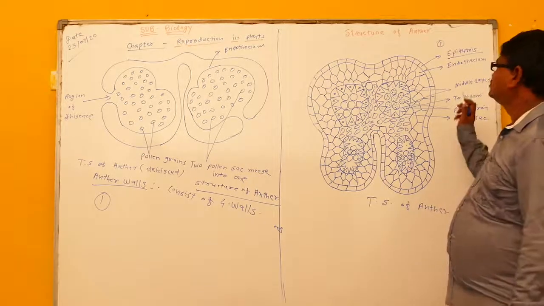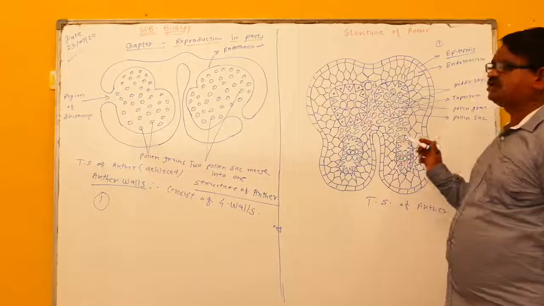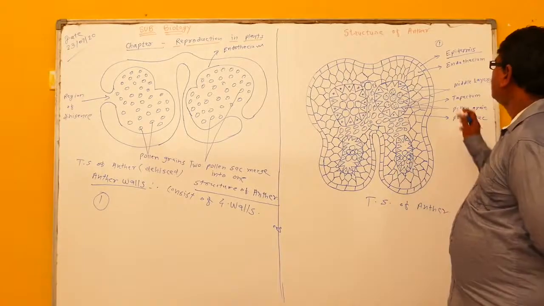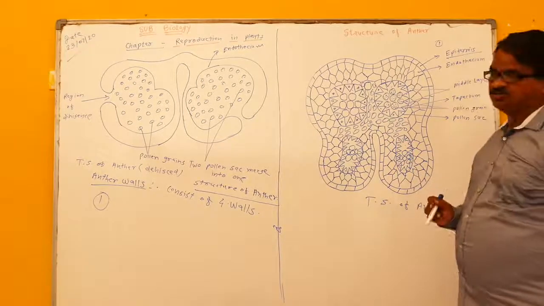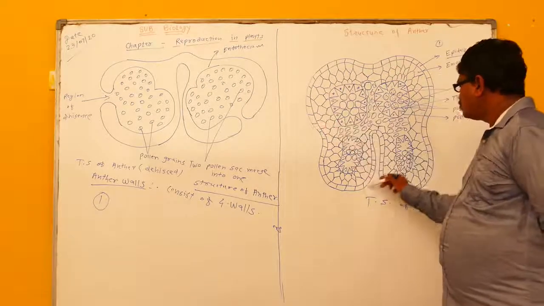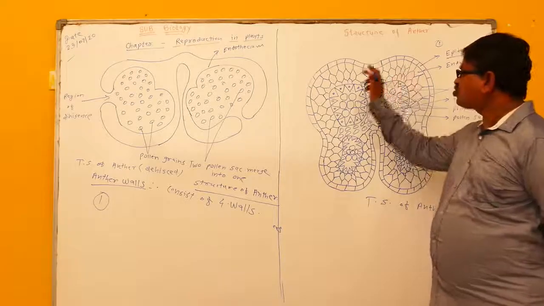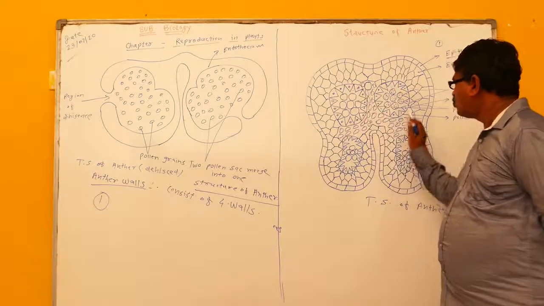These are the total walls of the anther. Anther consists of 4 walls. First wall is the epidermis. This epidermis is the outermost wall of the anther and it is common for all 4 pollen sacs.